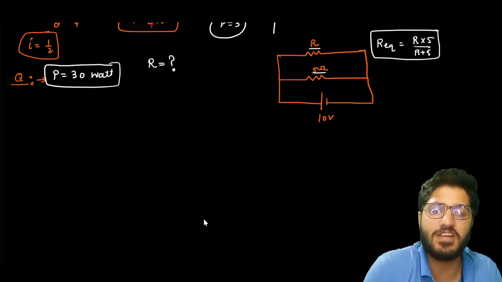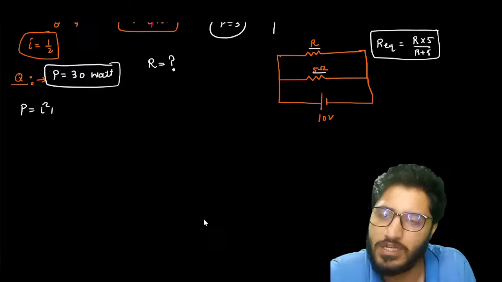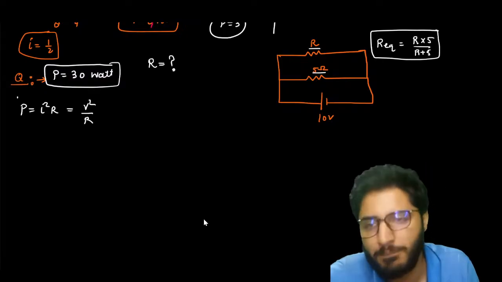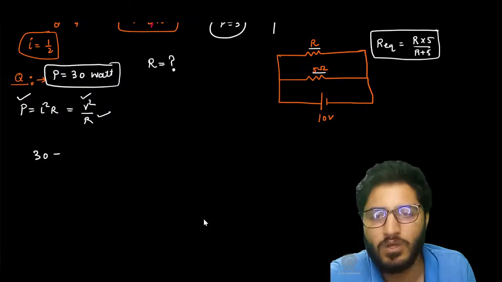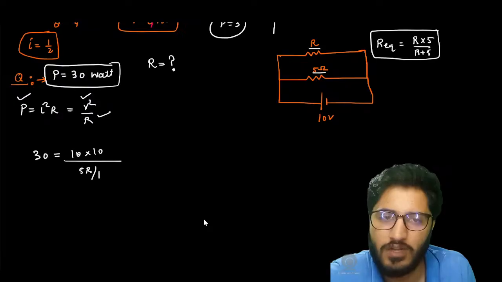So which equation will I use now? Sir, we know that P equals I square into R, which equals V square by R. P is 30, V is 10. It is 10 into 10 whole divided by R, and R is 5R divided by R plus 5.